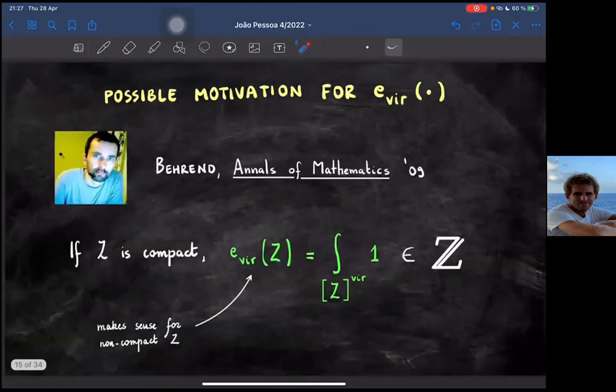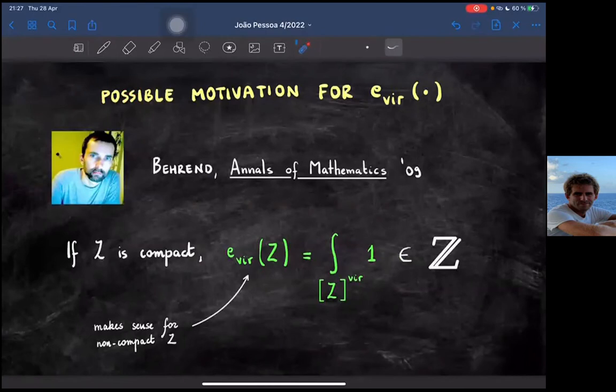So one possible motivation for this virtual Euler characteristic is a result of Behrend from 2009.